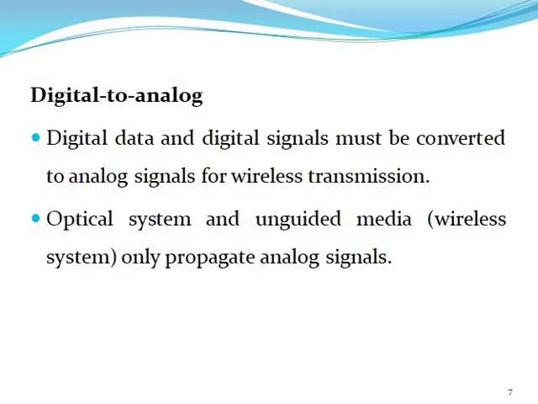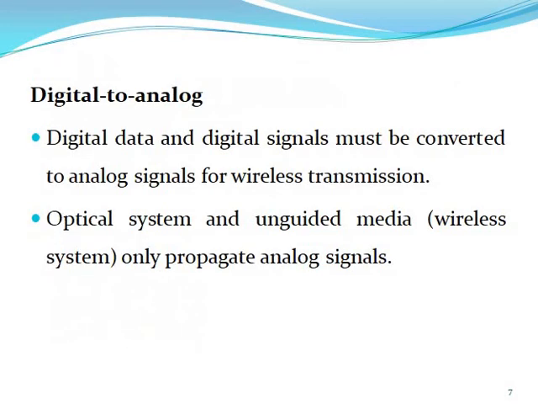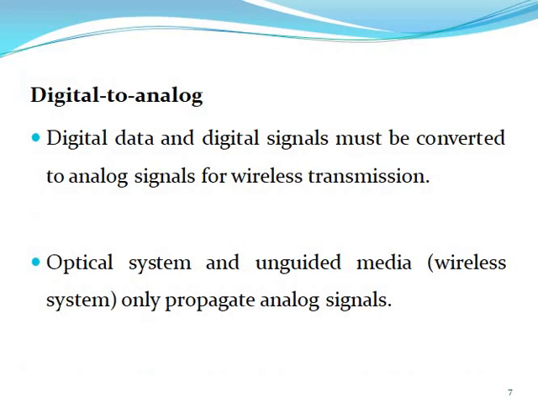Let us look at digital to analog, with different mapping encoding techniques. The digital data and digital signal must be converted to an analog signal for the wireless medium. So what is digital to analog? The digital data signal must be converted to an analog signal for wireless transmission. This is called digital to analog transmission.